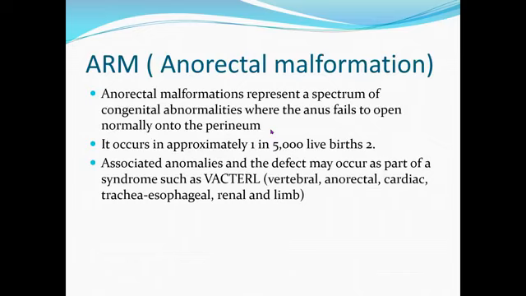It occurs in approximately 1 in 5,000 live births, so the incidence is not so low. There are some associated anomalies, and the defect may occur as part of a syndrome, with vertebral, anorectal, cardiac, tracheoesophageal, and renal anomalies.